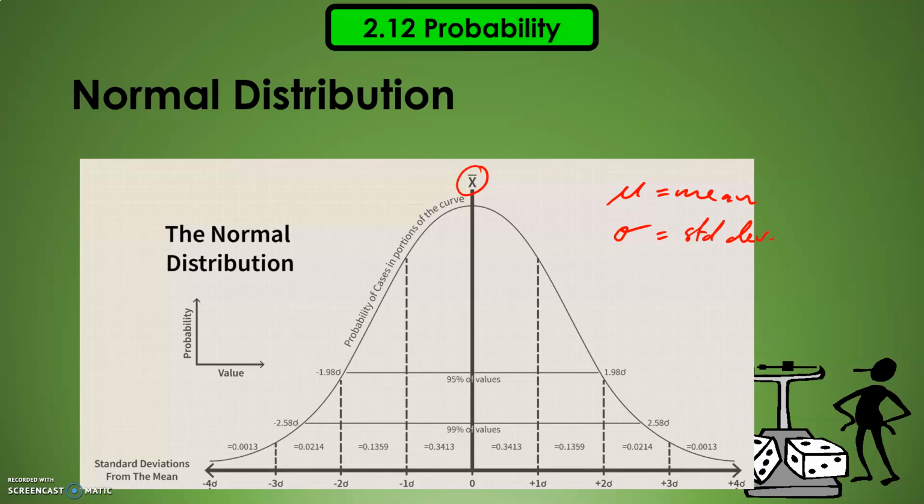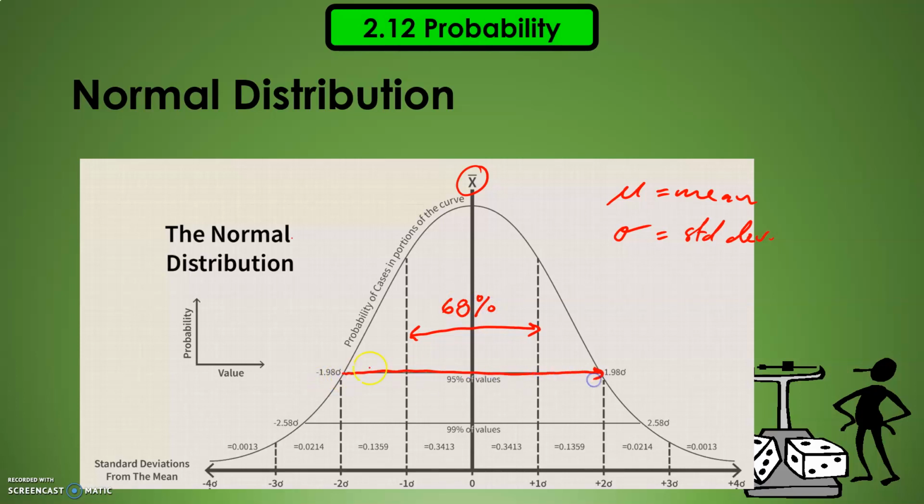The other thing that we talked about is that the standard deviation is defined by certain proportions. One standard deviation above or below the mean contains 68% of all the values.